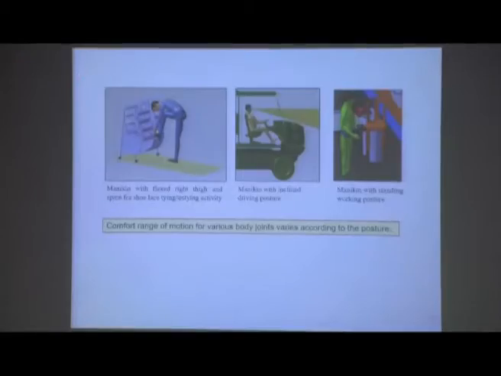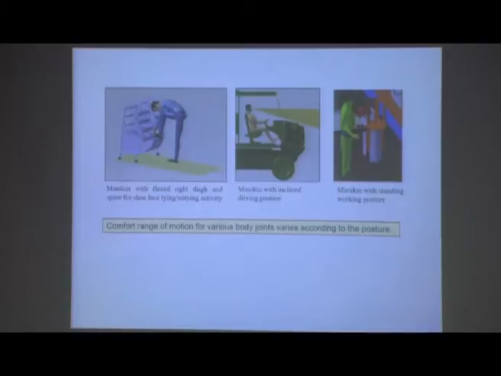So we have to identify the appropriate comfort database as per our requirement. The database which is applicable for automobile or vehicle design, that driving comfort data is not applicable for evaluation of industrial workplace where standing work or bending work is involved.